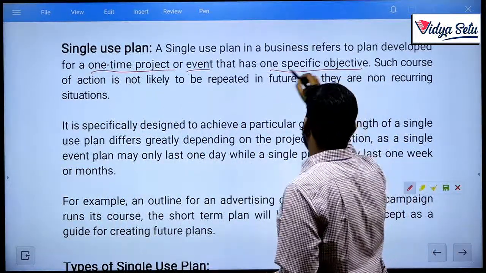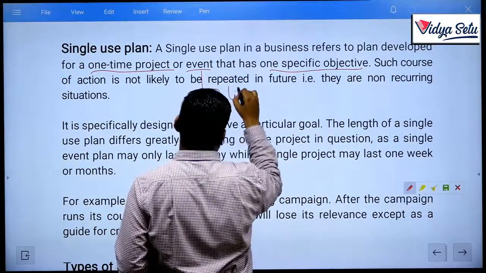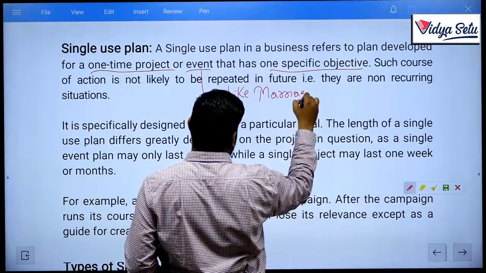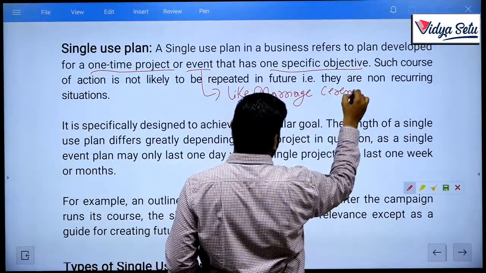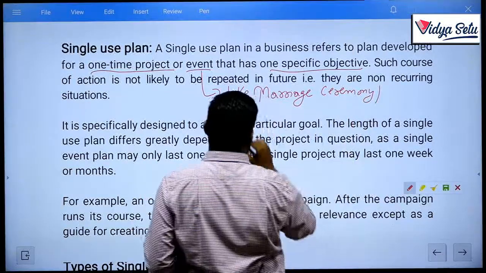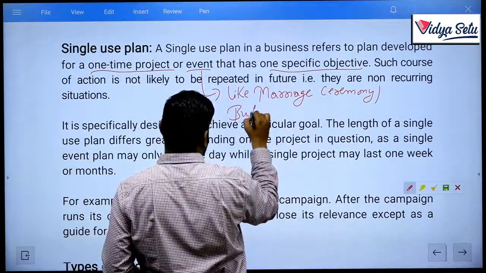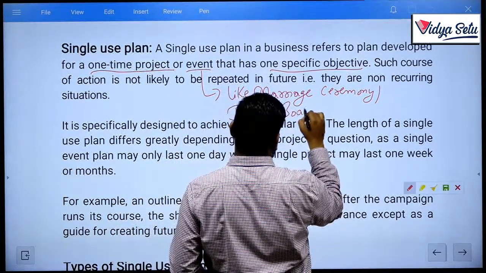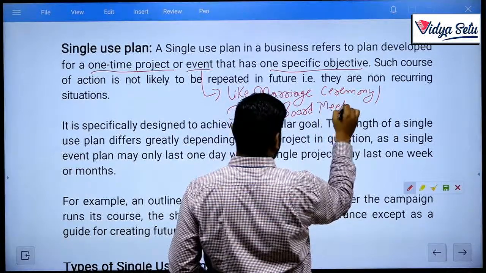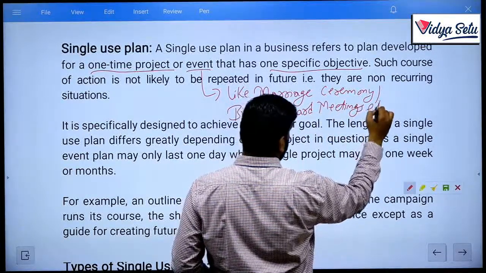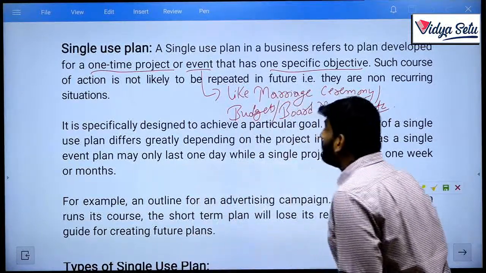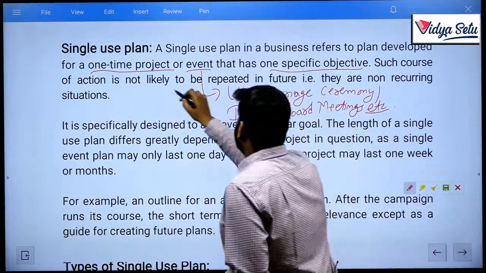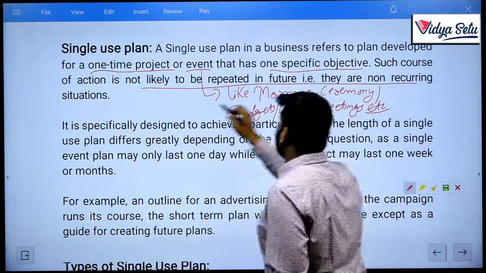One specific objective, as we had told, like a marriage ceremony, or in case of business we can say budgets or board meetings, etc. Such a course of action is not likely to be repeated in future, that is, they are non-recurring situations.